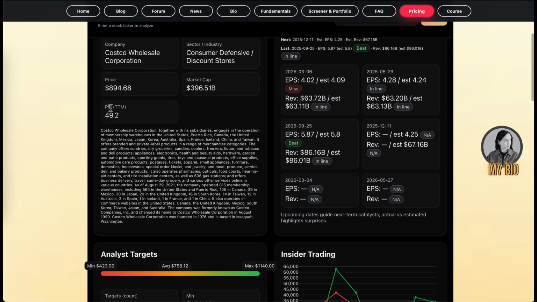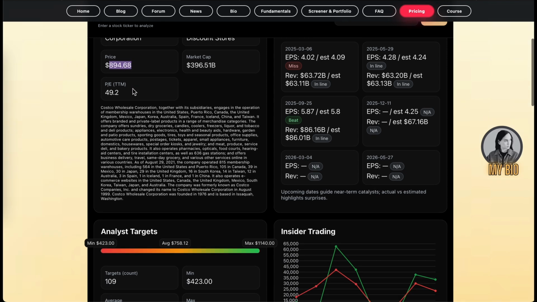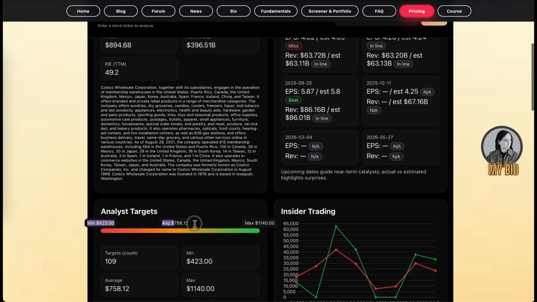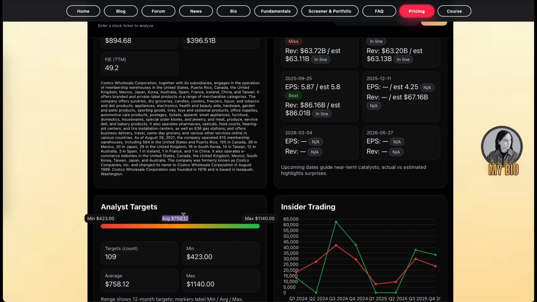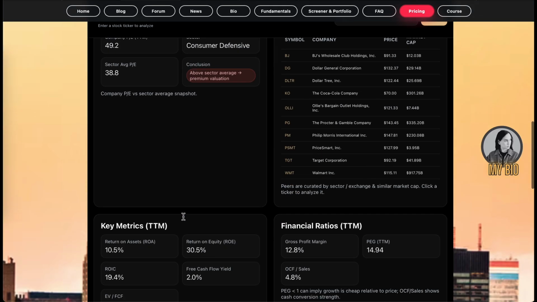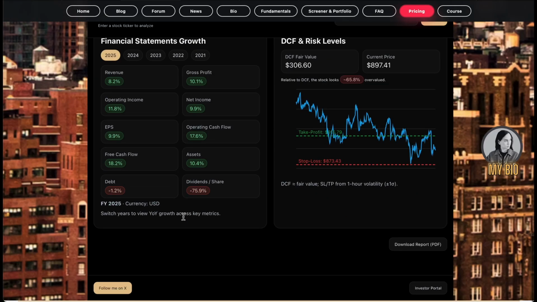I'm so sorry. And the current market price is higher than the consensus target price forecasted by more than 100 analysts. It means that the stock has a decline potential to this level, that the share price is overvalued. It means that Costco is trading much more expensive than Walmart.